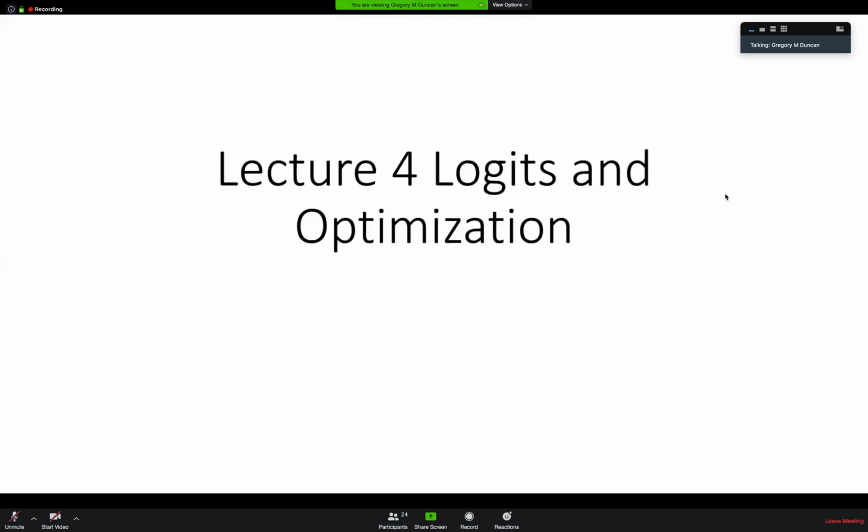All right, so today we're going to continue. We're going to talk a bit about Logits, and then we're going to talk about optimization. The optimization stuff will be the most mathematical we do.